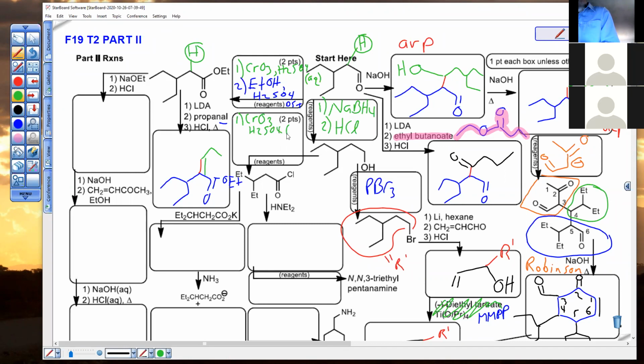You're up to a carboxylic acid. And the only way we know how to convert a carboxylic acid to acid halide is SOCl2 and pyridine. Pyr is not optional there. Looks optional in the corner there.